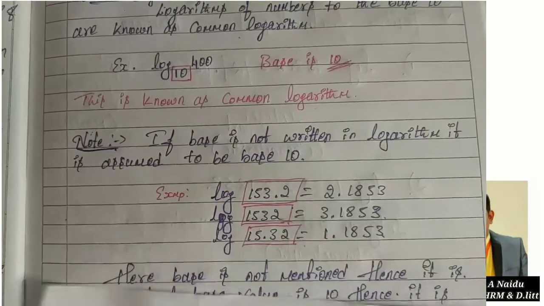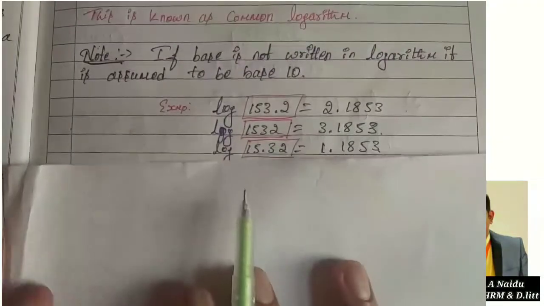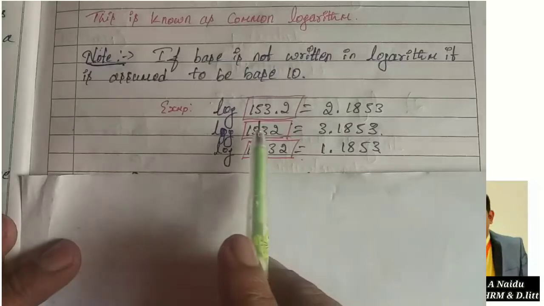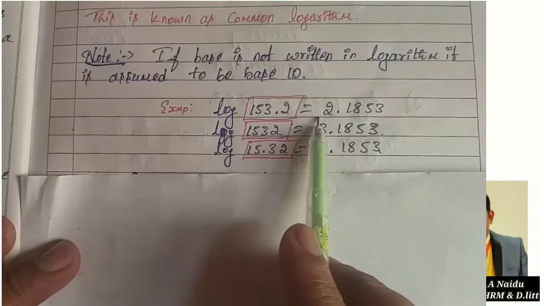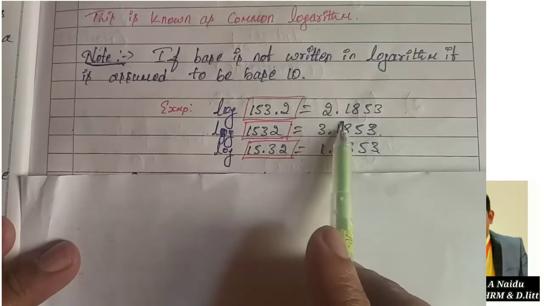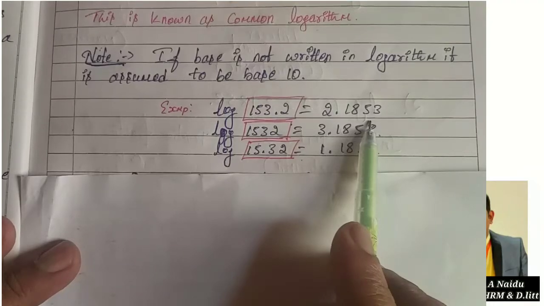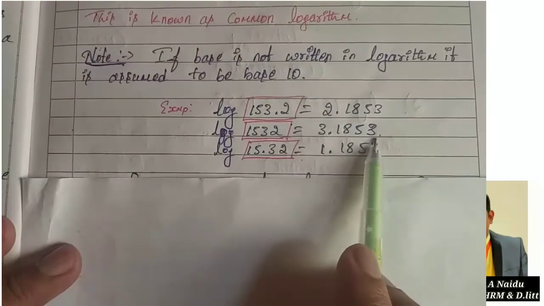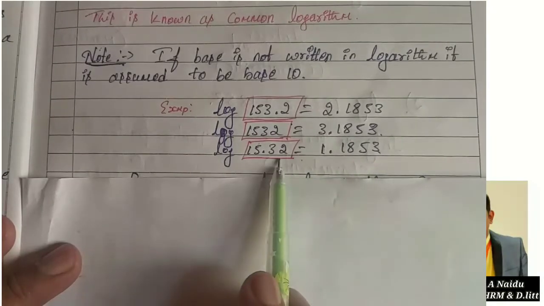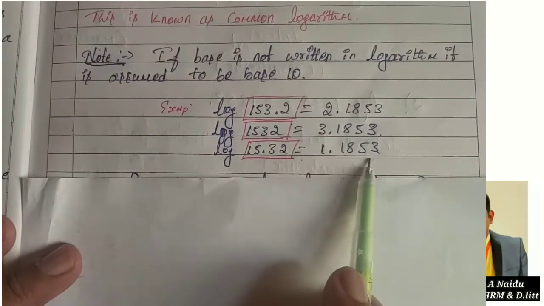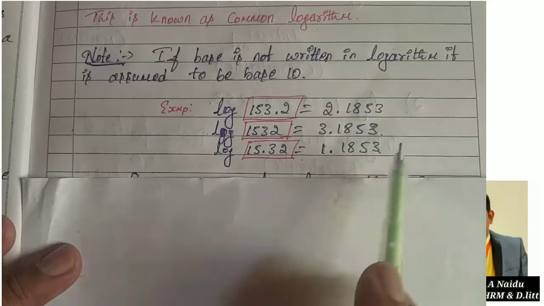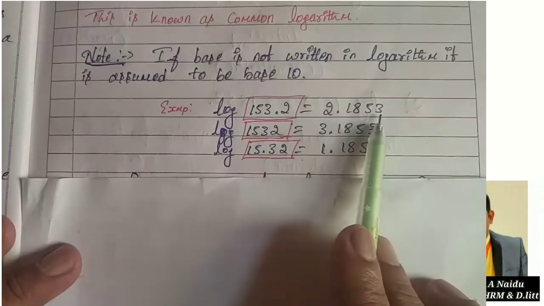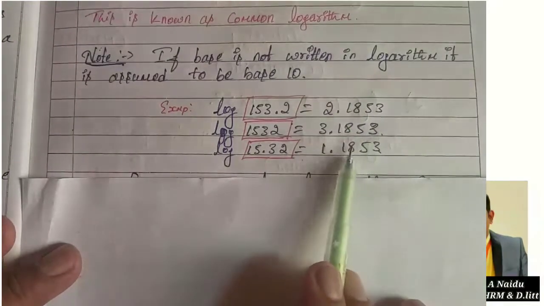For example, I have written a few examples for your reference. Log 153.2, the answer is 2.1853. Log 1532, 3.1853. Log 15.32, 1.1853. Clear? So this is going to be the answer. How did we get this?